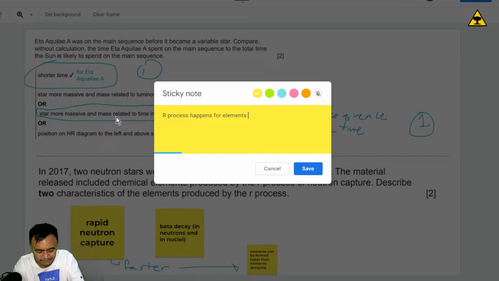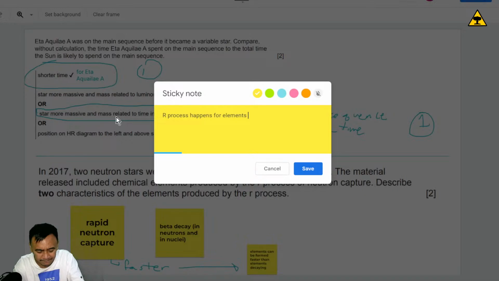Okay, this is an important point here. The R process happens for elements heavier than iron. Properly speaking, I'll just put that in bracket: with higher atomic number.